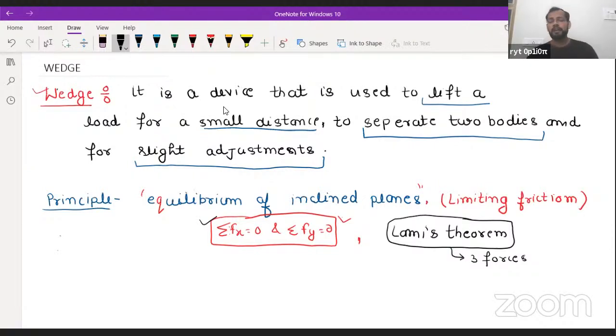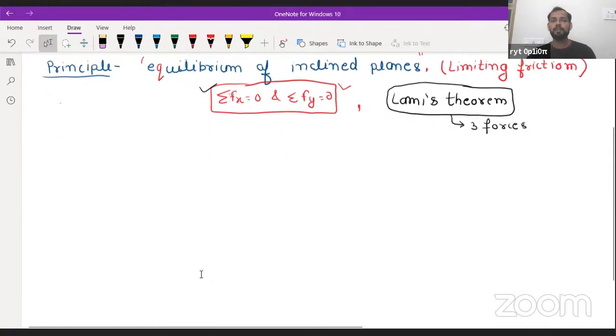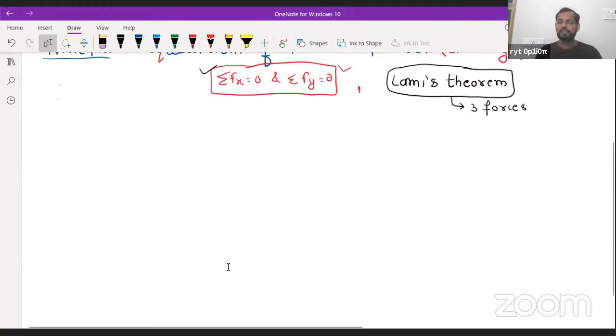Now we are going to see the wedge problem and how we will solve it. So see here. I am taking one example. Let us assume there is one wedge. Fine.